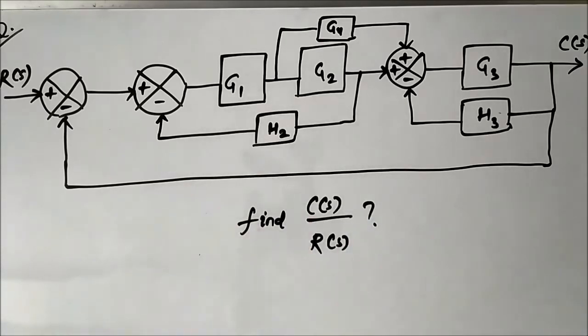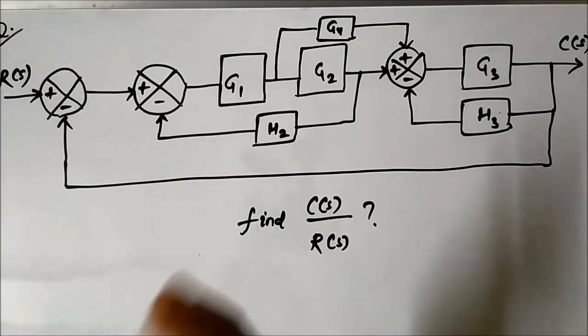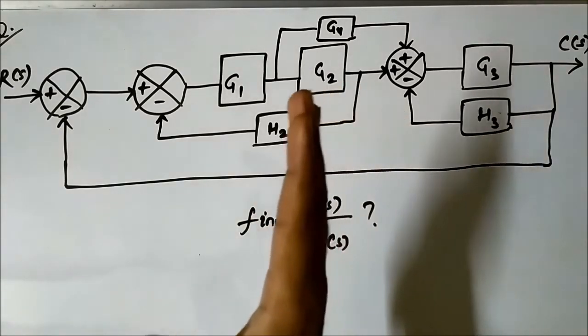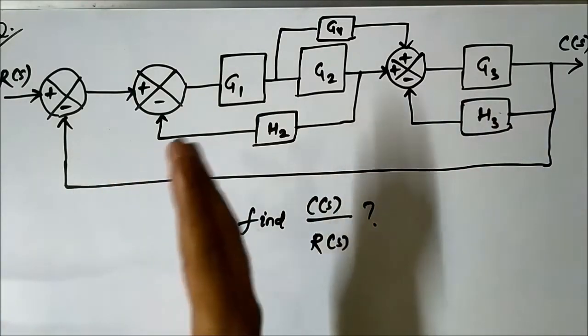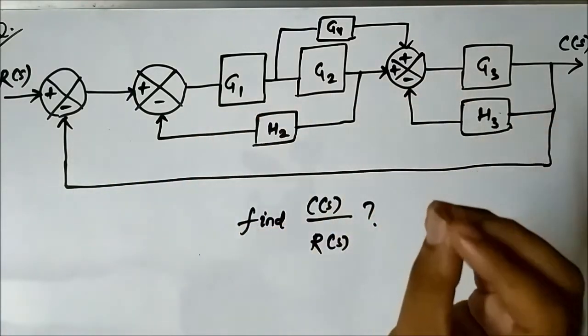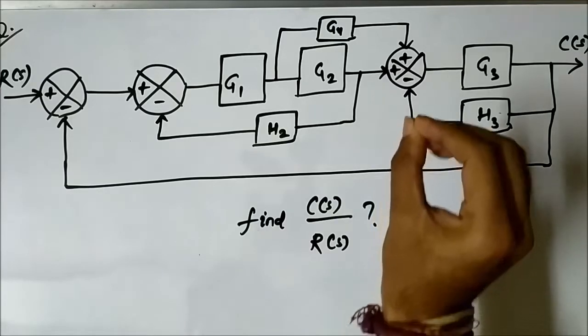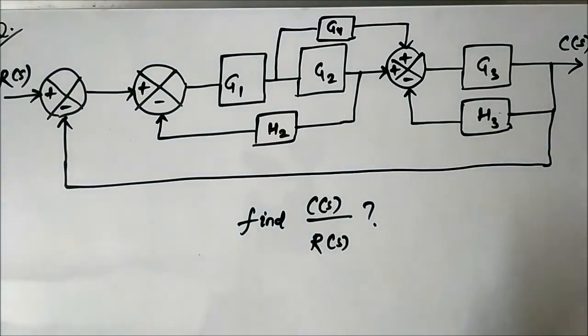Whenever you come across a block diagram which you have to simplify, always break the block diagram into small parts. You have to identify a point where you can apply the rules of block diagram reduction.